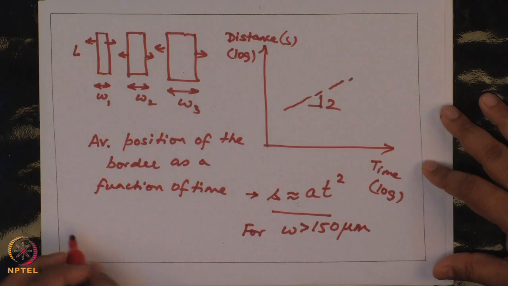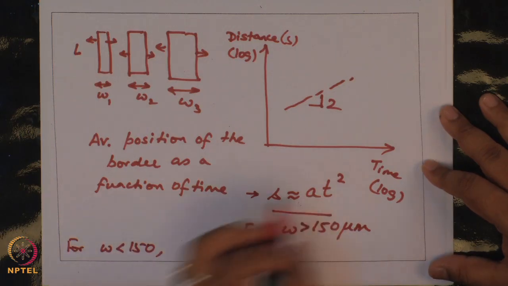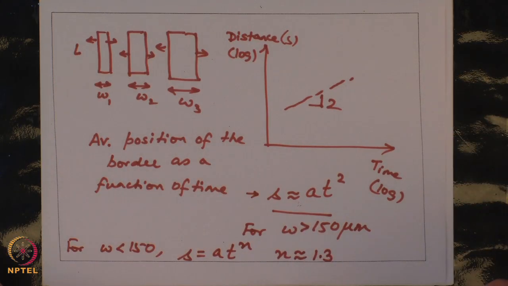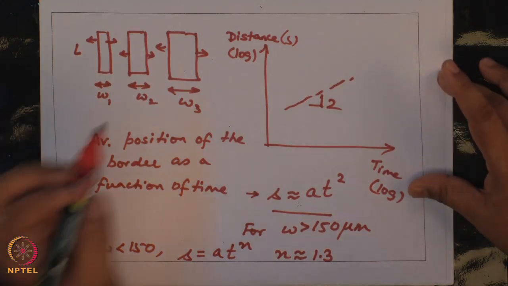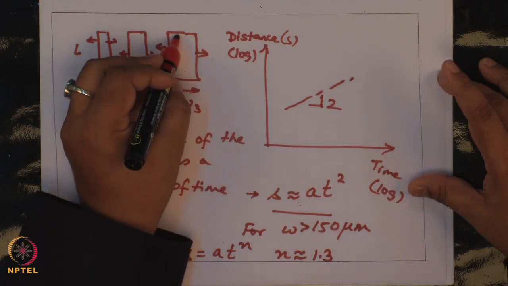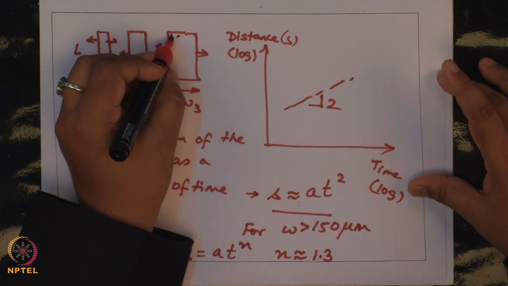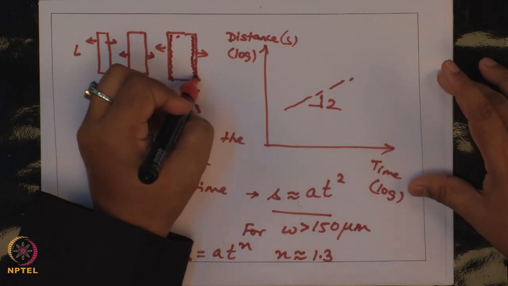Okay. However, for W less than 150, okay, so if I were to plot it as S is a t to the power n, then this n value was approximately 1.3 for widths which were smaller. Okay. So, what is possible? Why did the authors observe this difference? One possibility is when you have cells from a bigger patch migrating, then the cells at this edge do not know of what is happening to the cells at the opposite edge.